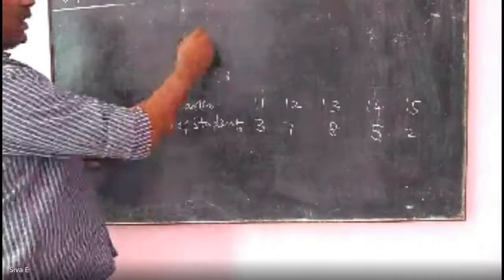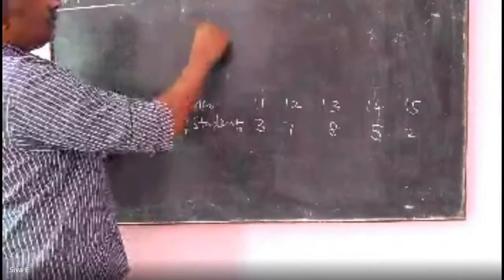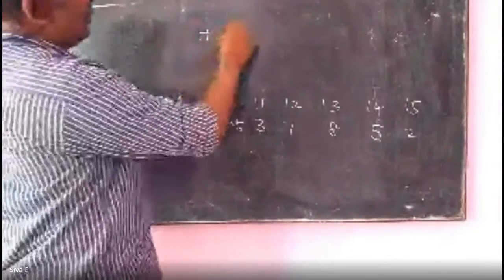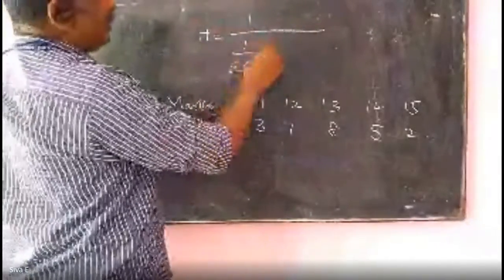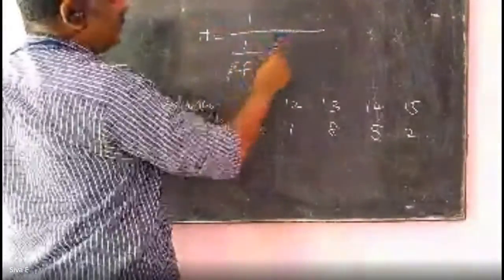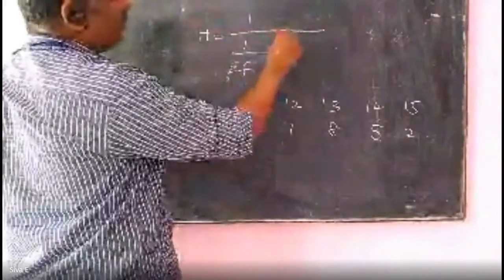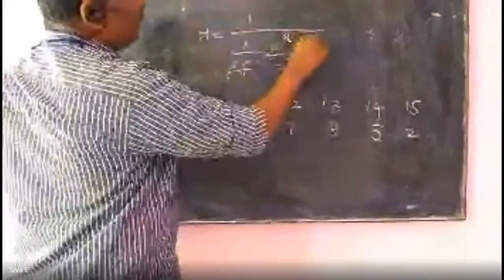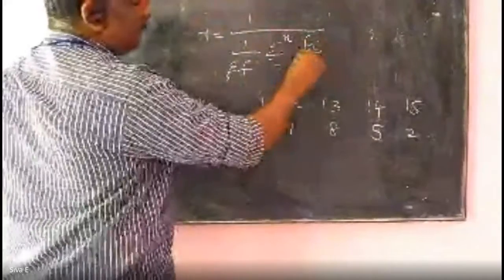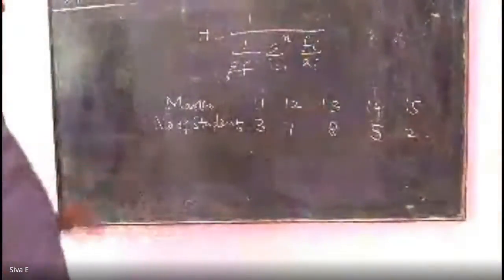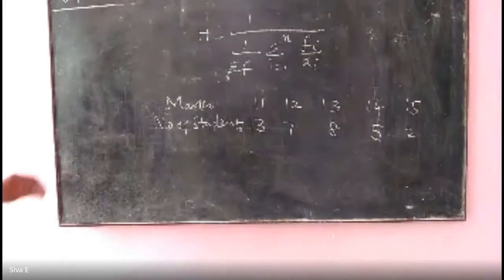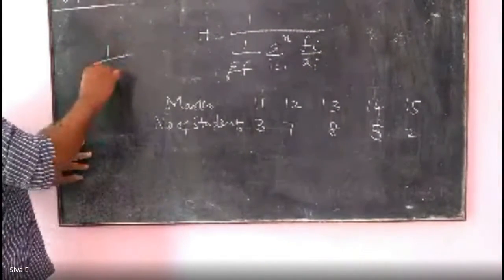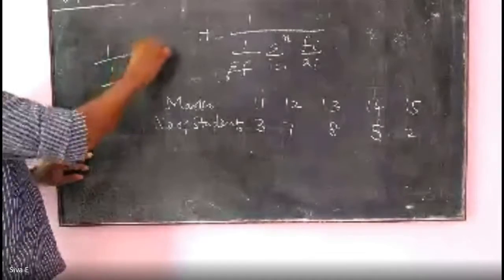So what is the formula here? Harmonic mean H equals 1 by summation of f into summation of i equal to 1 to n fi by xi. This is the formula, na? See here, you know that 1 by a can be written as a.